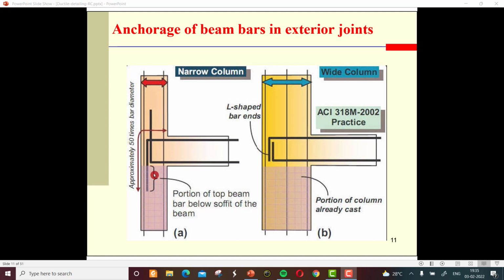So this is the reinforcement which is inserted into the column below the beam level. And for a wide column, we can go for an L-shaped bar end like this.